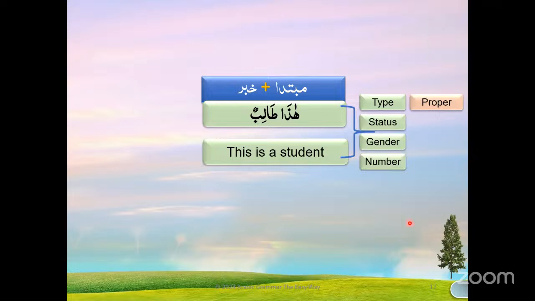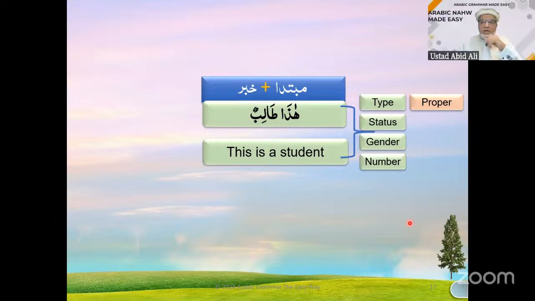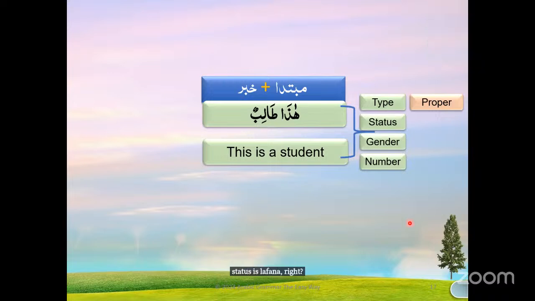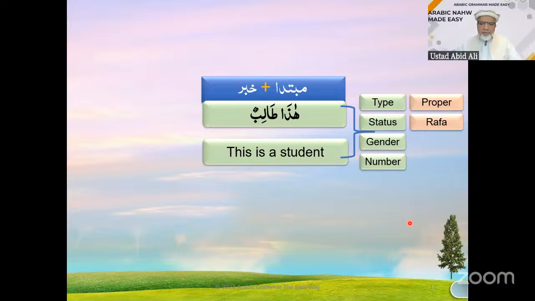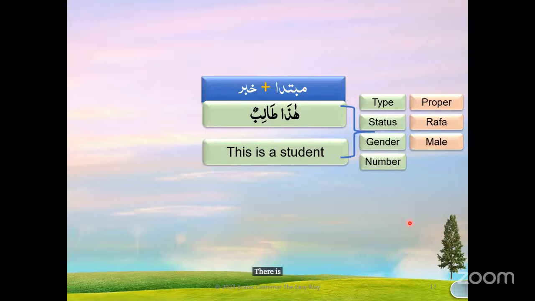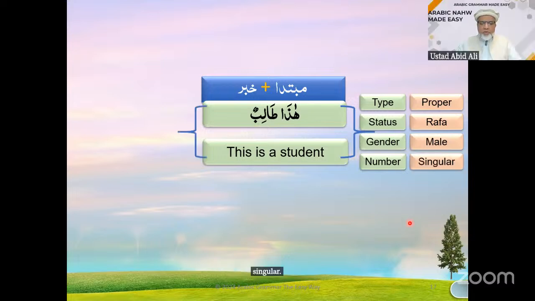And what is the status of haza? Status is Rafa, Nasab or Jar, right? Rafa. Okay. And gender? Male. And what is the number? Singular. Okay, good. Talibun, what is the type?